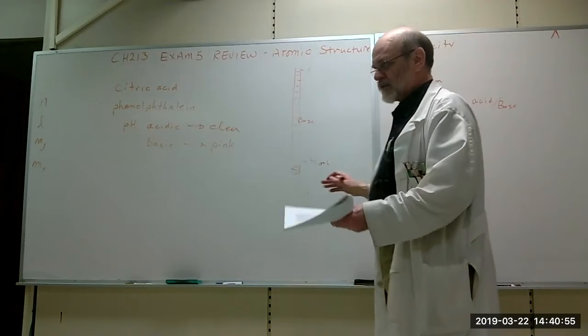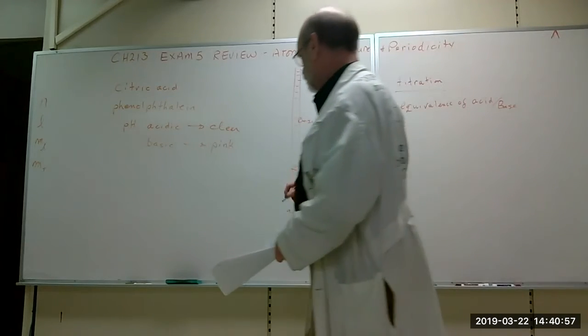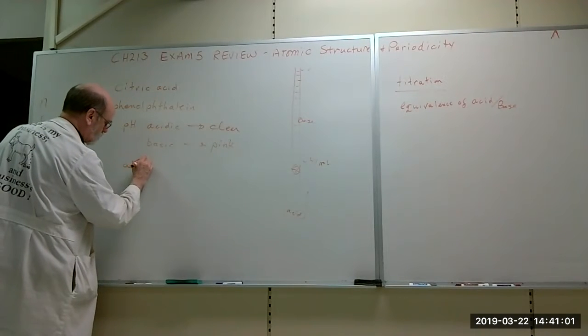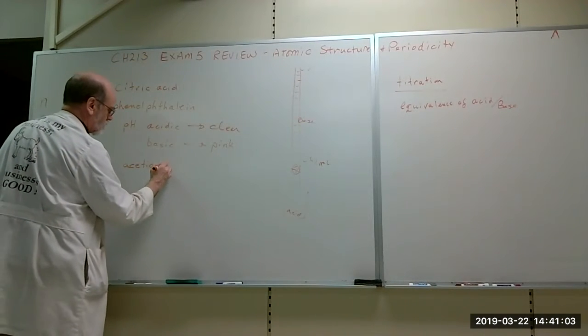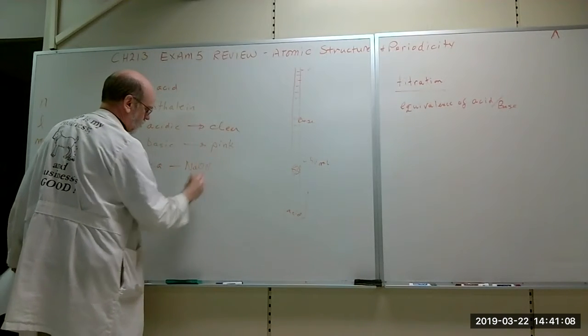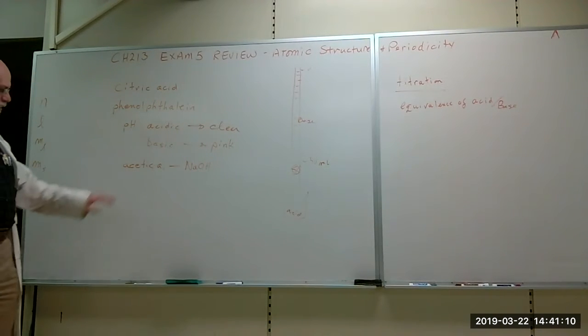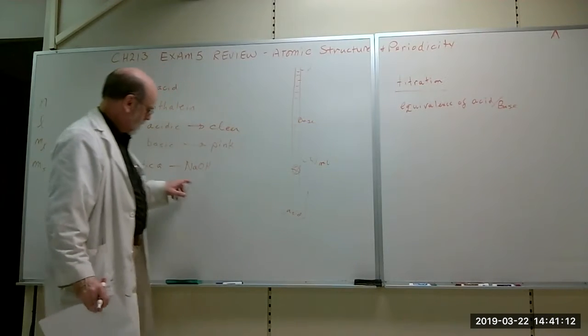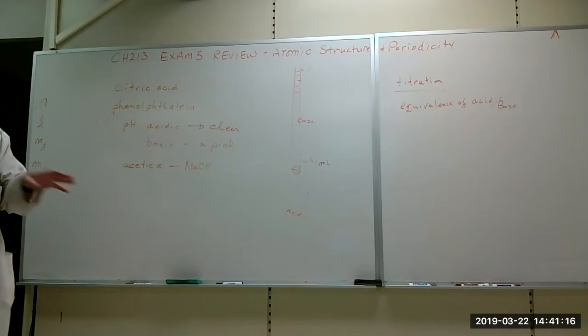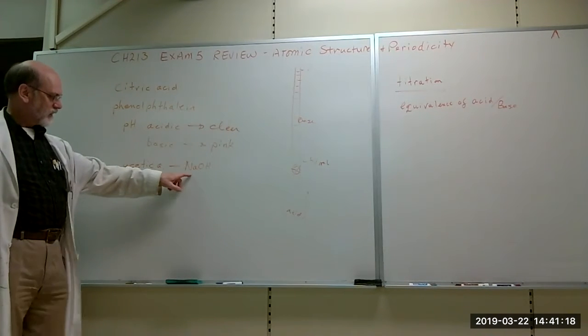So, 2 titrations that we're going to do. First one is between acetic acid and sodium hydroxide. So we're going to have acetic acid down here, and we're going to add sodium hydroxide until we reach that end point. Then our calculations will tell us the number of moles.